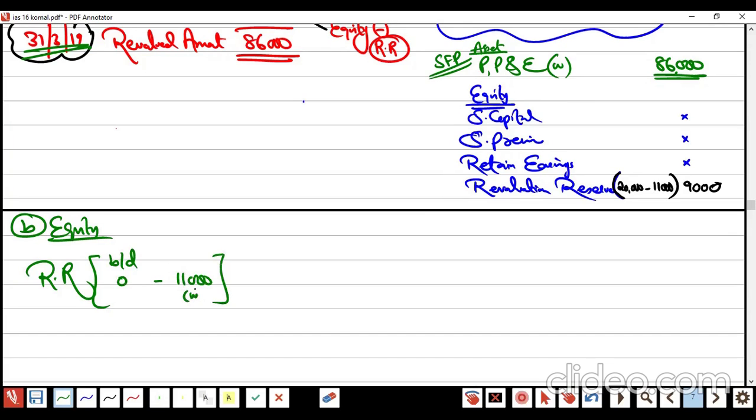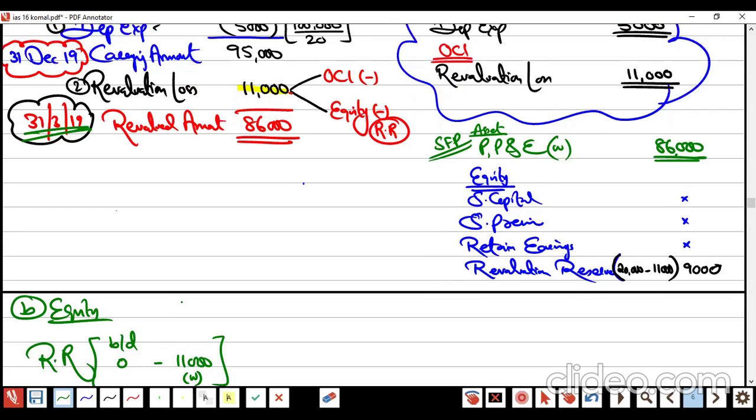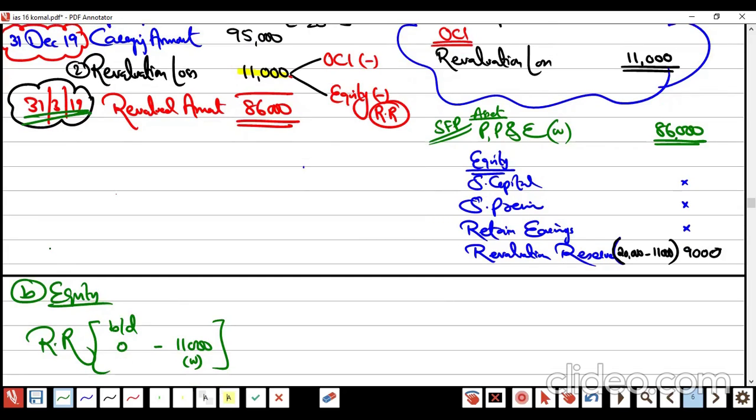This came during the year. There is no revaluation reserve available, and the deficit in the current year is 11,000. Tell me one thing. You are an accounting student. Did you ever witness that the SFP has a negative value? No, not allowed at all.